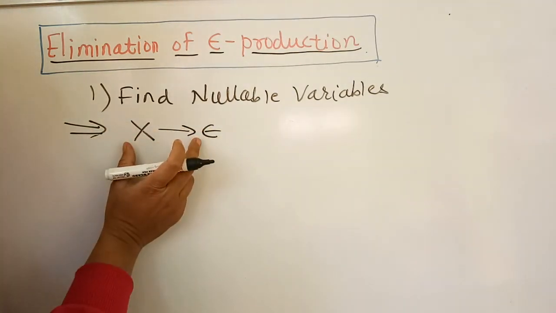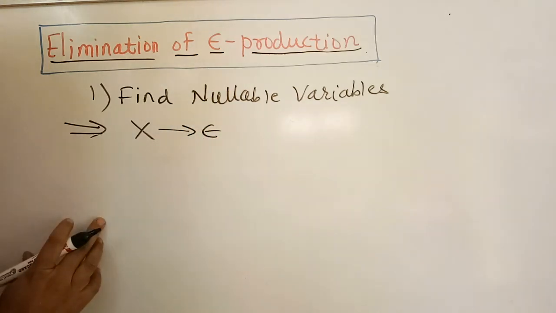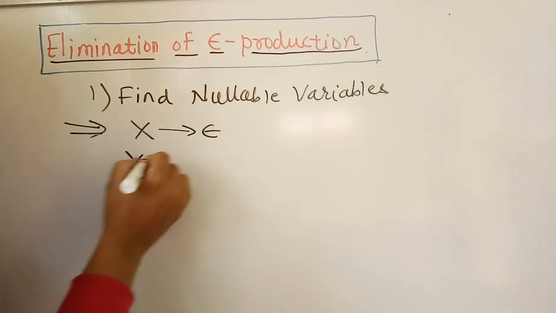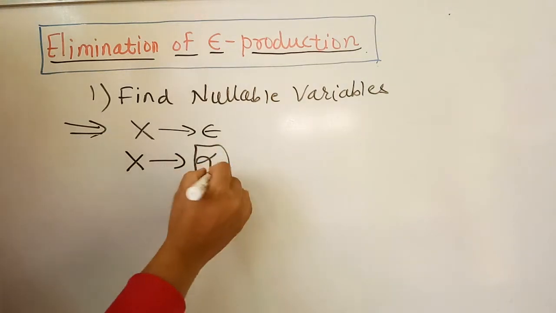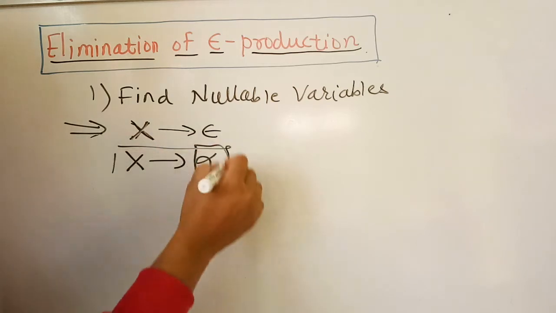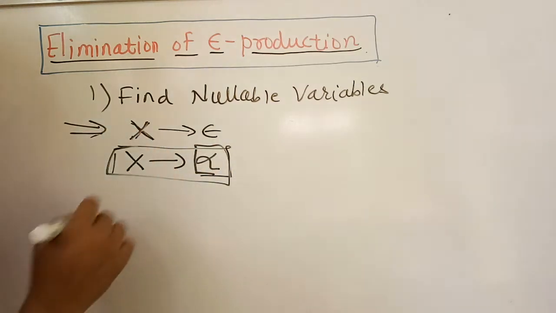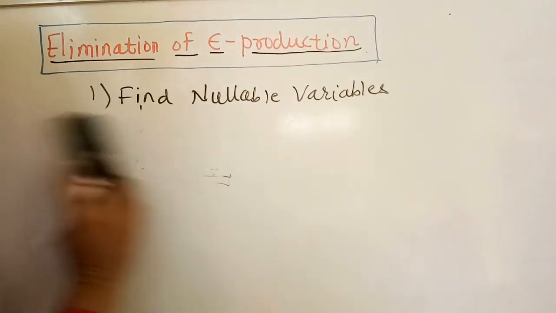Means the symbol or variable which gives the production of epsilon is nullable. And if X gives alpha, then all symbols of alpha are also nullable.